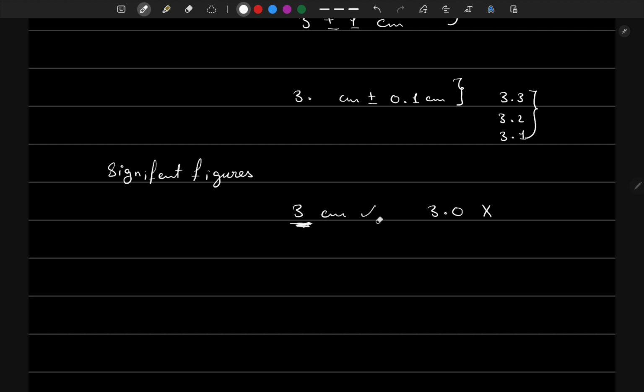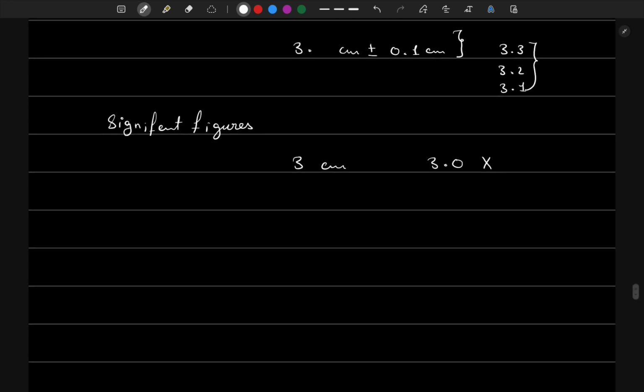Using significant figures, the first thing you do when you look is you know the smallest unit of measurement and then you know your uncertainty. Significant figures have rules, but before we go to that, let's just expand on this. If something is said to be 3.0 centimeters, then I know that the smallest unit in this measurement is 0.1 centimeters, which is a millimeter.